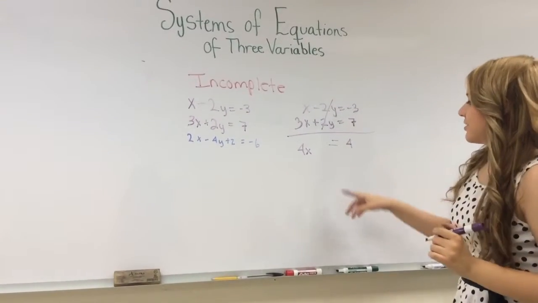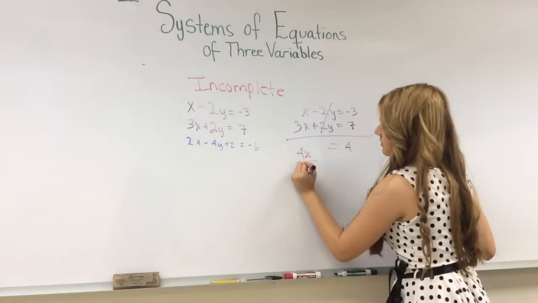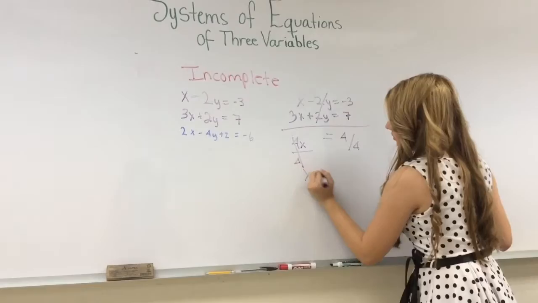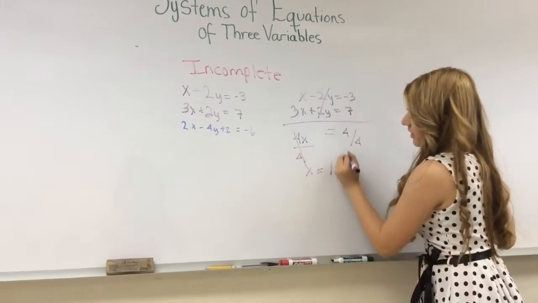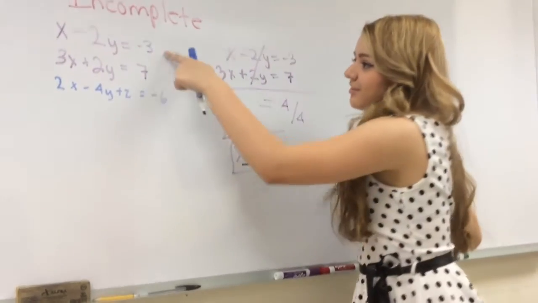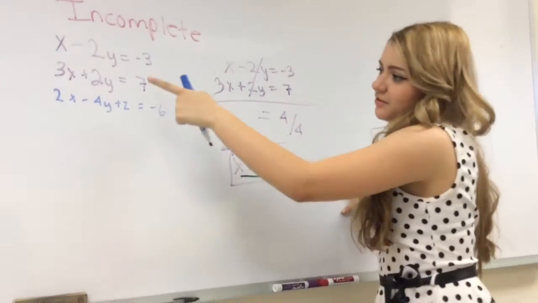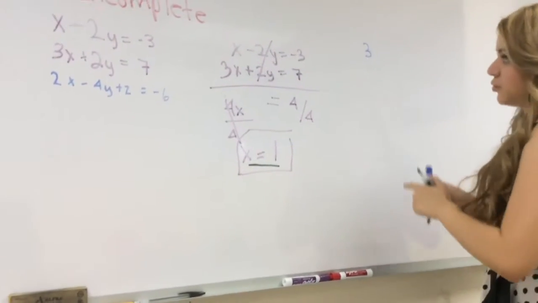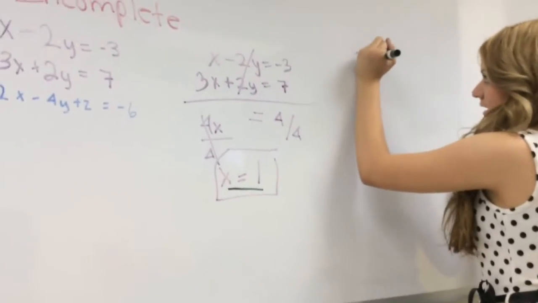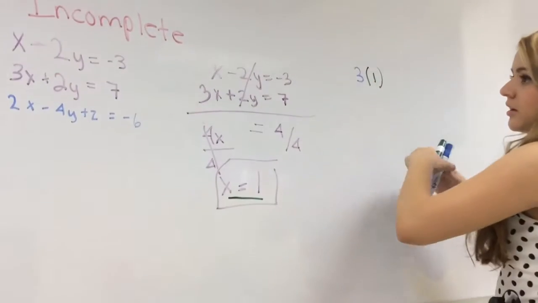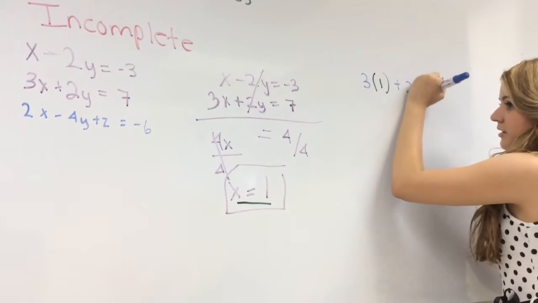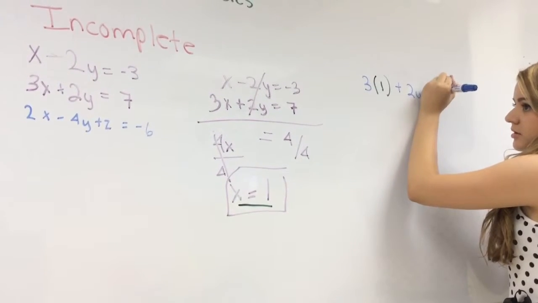So here we just cancel this, and 4x equals 4. 4 over 4 is 1, so x equals 1. But with x equals 1, we will choose either this one or this one. I myself will use the second one. So it will be 3, and since we know what x equals, times 1, plus 2y equals 7.